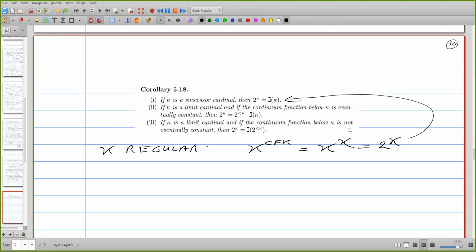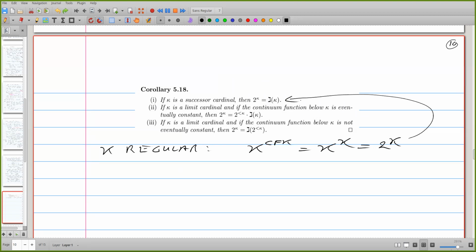Successors are regular, so there. If kappa is a limit and the continuum function below kappa is eventually constant, then we have two cases. It could be singular or it could be regular.